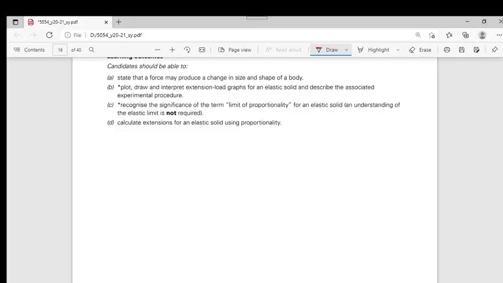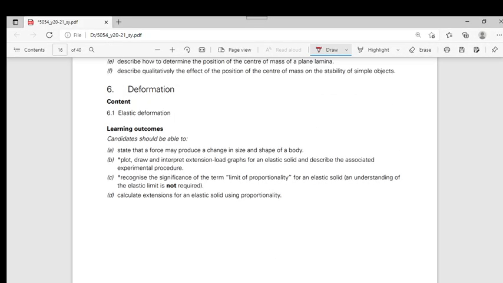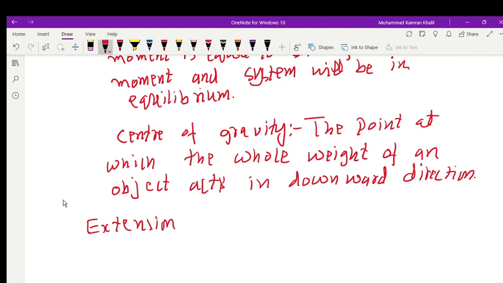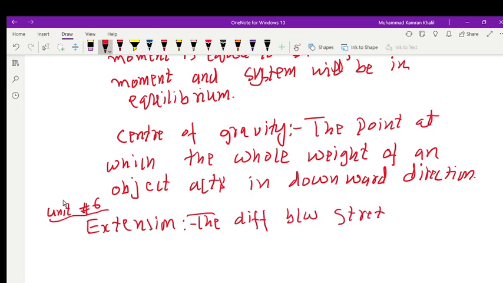It is unit number 6, extension: the difference between stretched length and unstretched length.